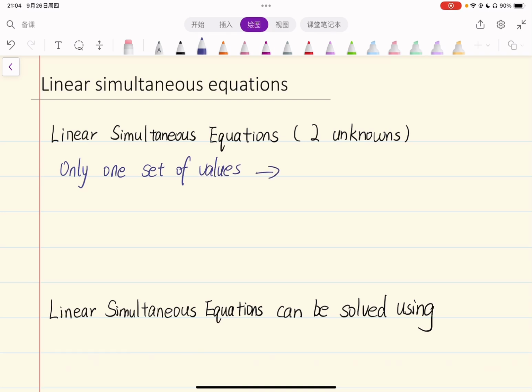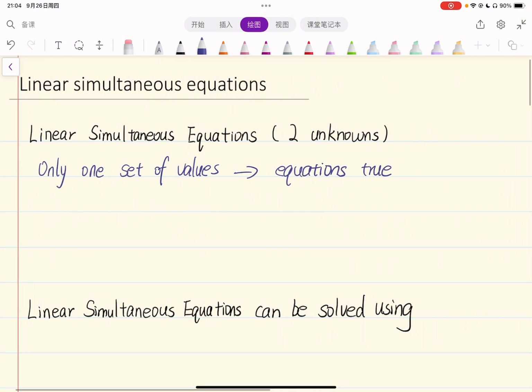Only one set of values that make the equations true at the same time.